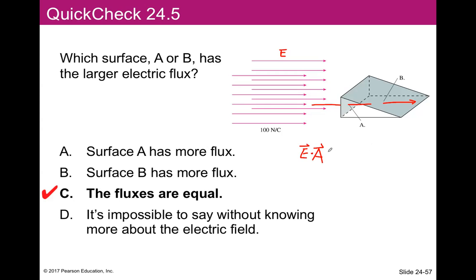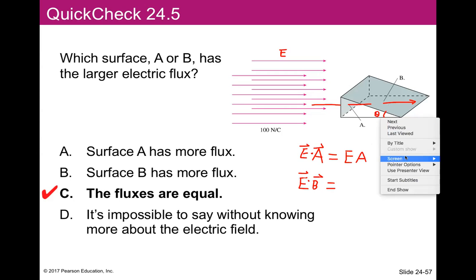So theta equals 0, then E dot A equals EA. Now let's see B. For flux B, it's E dot product the surface of B. So let's say if this is theta, let's use another symbol.